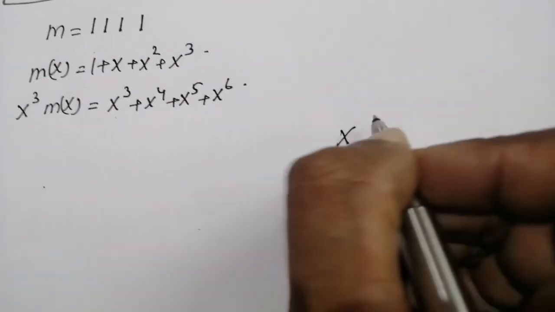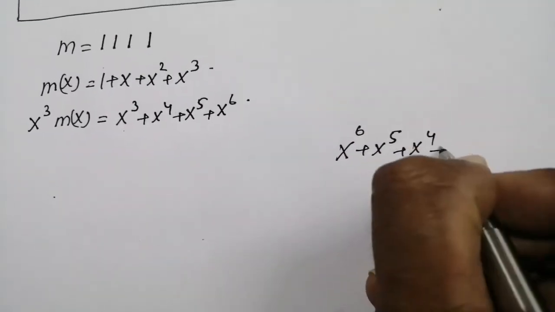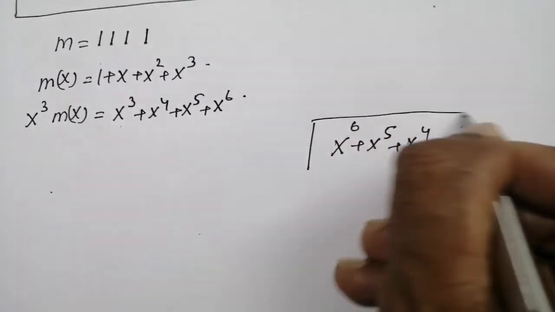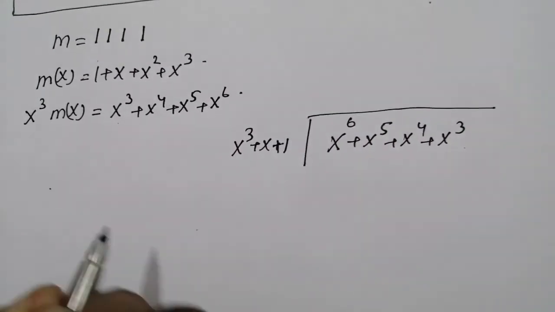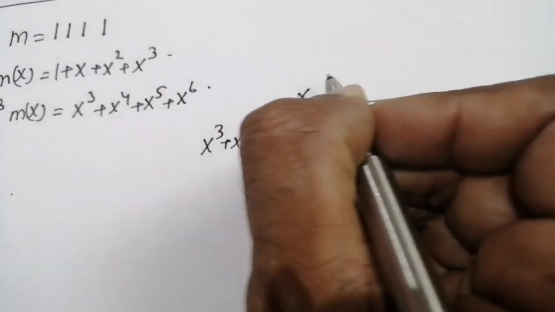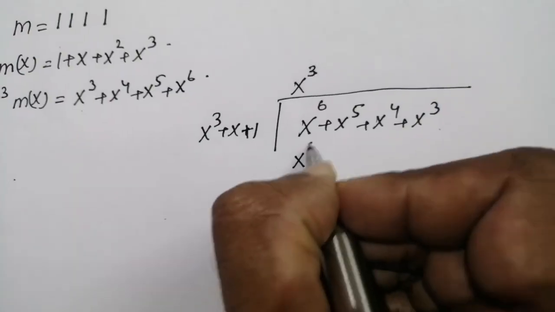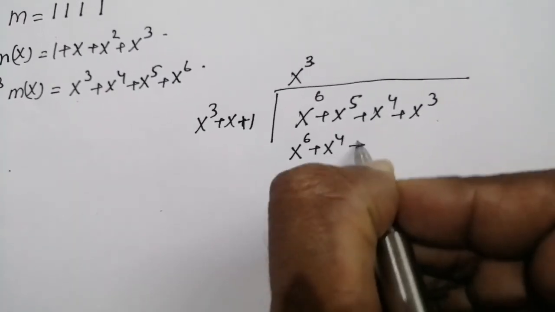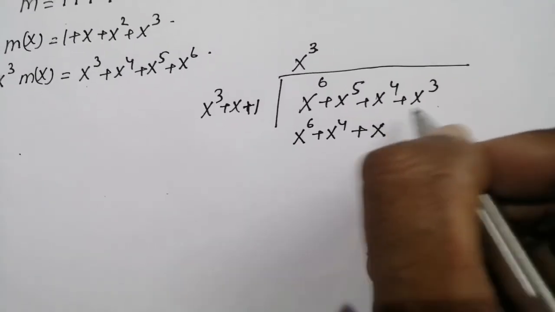So x raised to 6 plus x raised to 5 plus x raised to 4 plus x cube is divided by x cube plus x plus 1. So x raised to 3 times x cube, that is x raised to 6 plus x raised to 4 plus x raised to 3.